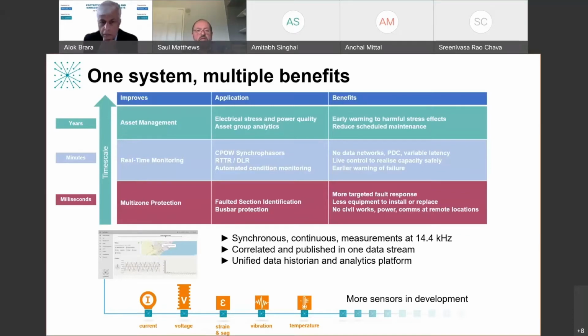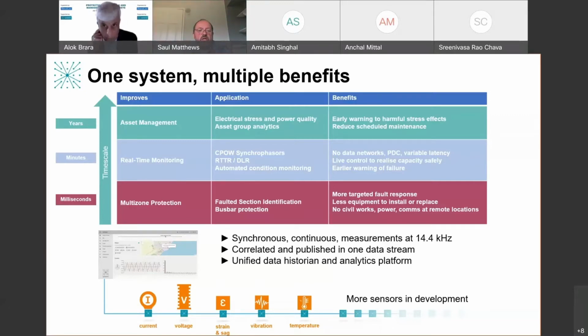So think of us as a technology that enables multi-zone protection, and that's about fault detection and identification, or high density measurements in one location like a digital substation, because it's about more targeted fault response, response to a fault up to 60 kilometers away in about 1.6 milliseconds with complete accuracy, and of course less equipment to install or replace in these remote locations because you don't need the power supplies or the time synchronization.